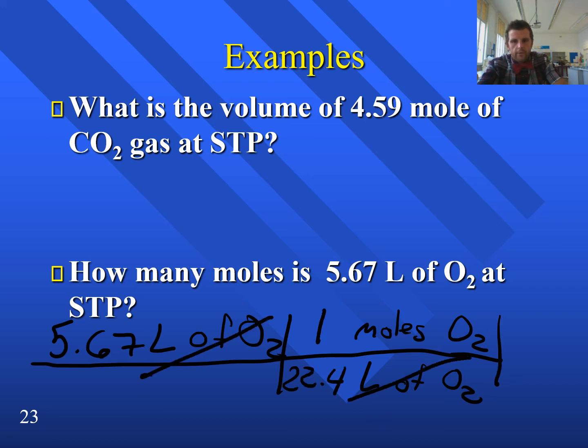Cross out my old unit, and then I'm going to just do 5.67 divided by 22.4 because it's on the bottom, and I end up getting an answer of 0.253 moles of O2.